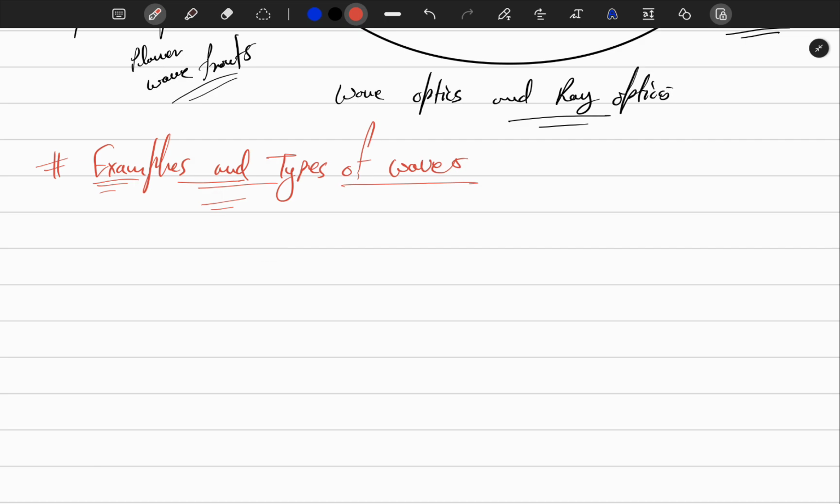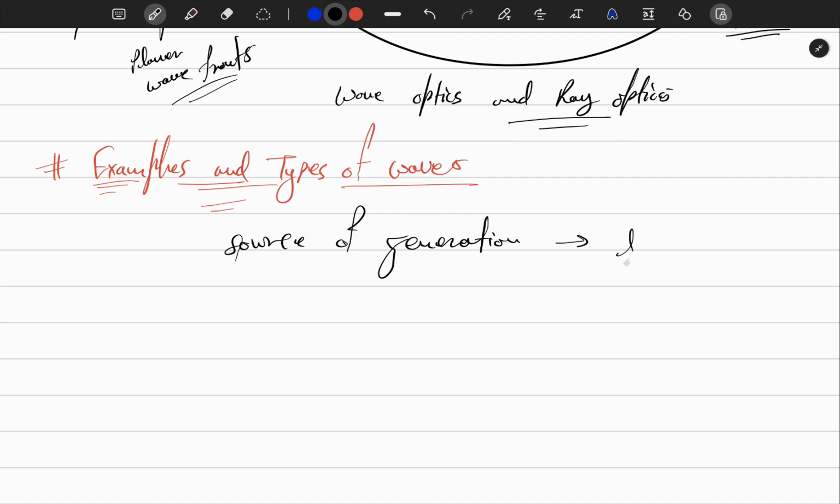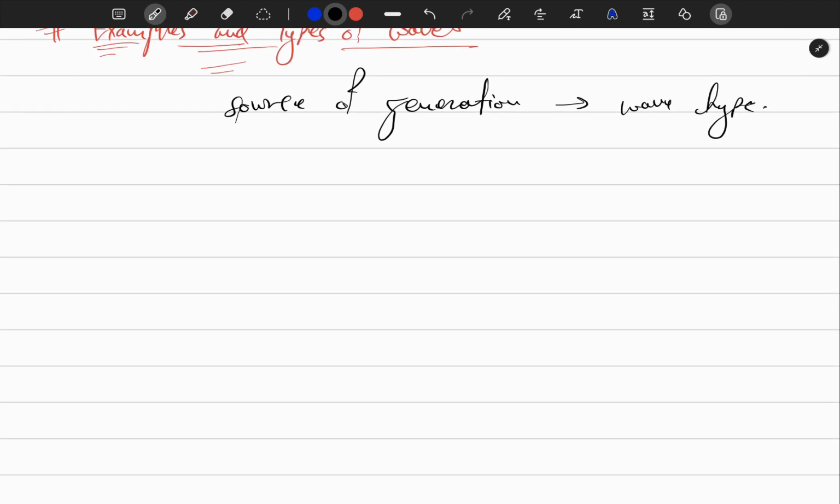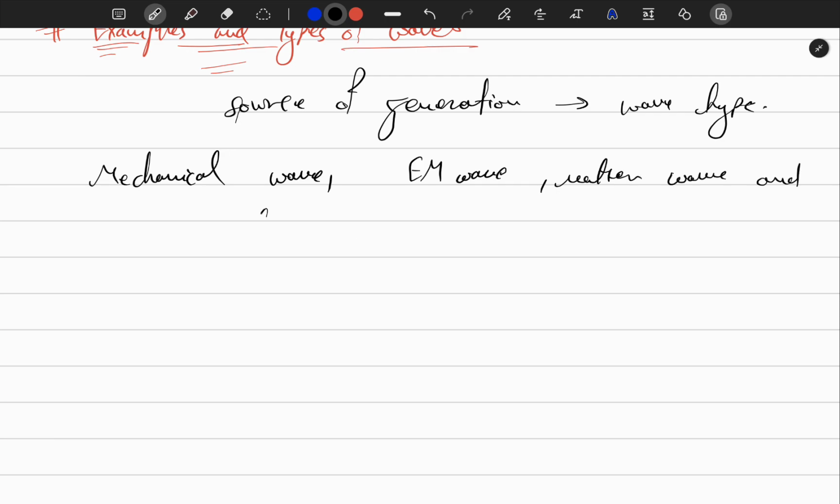The source of generation decides the wave type. We group them mainly as mechanical wave, electromagnetic wave, matter wave, and gravitational wave.